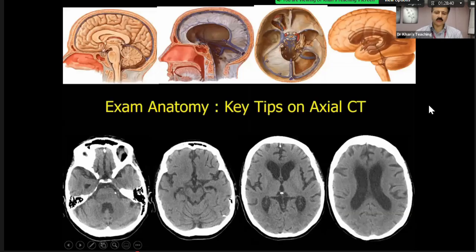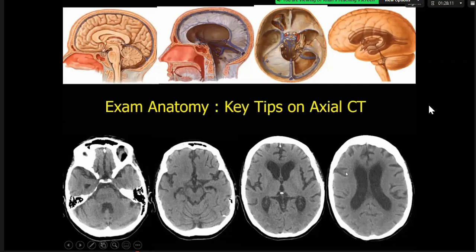CSF spaces are within the ventricles, but we are talking about extraventricular CSF spaces. If we go superiorly, the CSF spaces haven't got any names. But when you are doing a CT scan in the exam, you must go till the top. You might have some subarachnoid hemorrhage sitting at the last slice, and you will miss it. And you compare the CSF spaces right and left. That's the key for the exam.